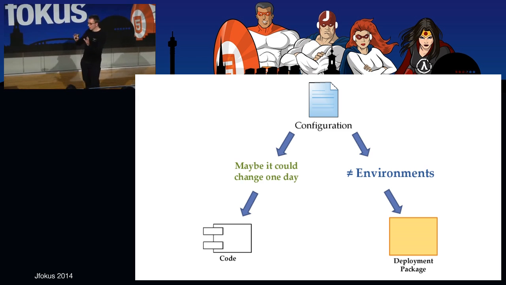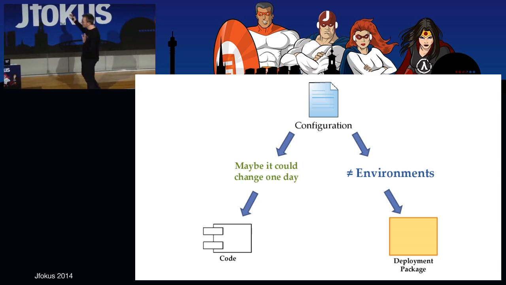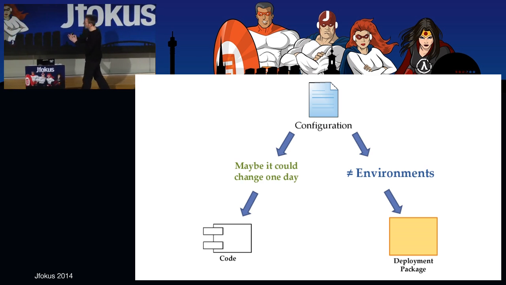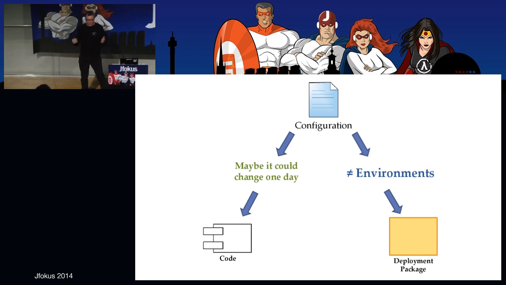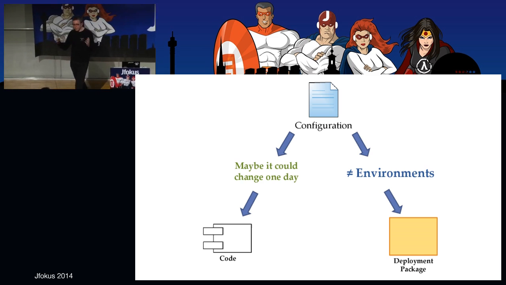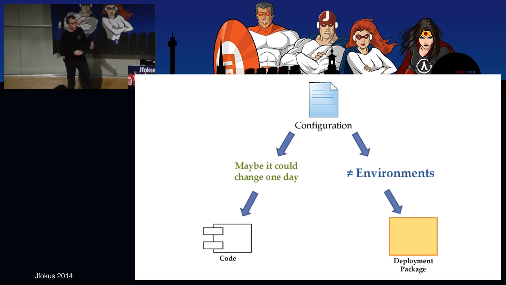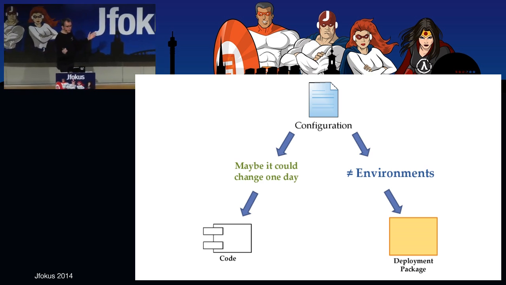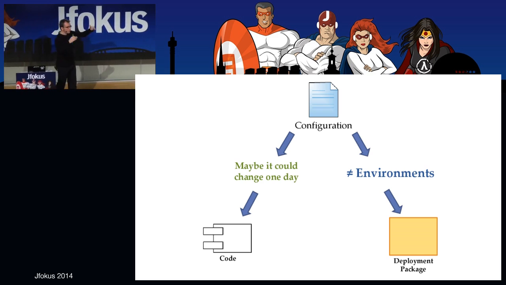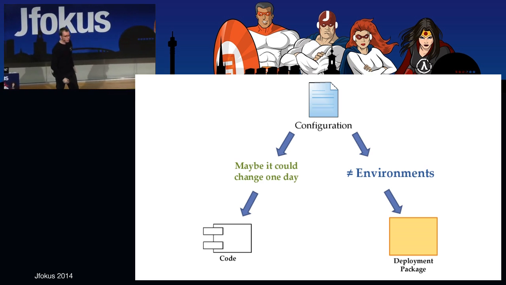So how do we deal with these two types of configuration? Well, if we reduce the effort to produce a release and to get new code out there, if it could change someday, maybe it could also not change at all, ever. So why carry the complexity unnecessarily? I say, whatever could change someday just goes back into the code, hard code that.